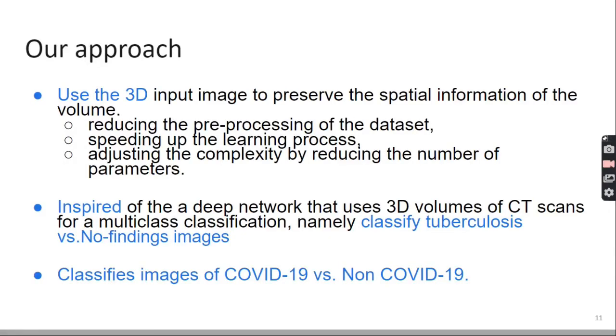In our approach, we use 3D input images to preserve the spatial information of the volume by reducing the preprocessing of the images, speeding up the learning process, and by adjusting the complexity by reducing the number of parameters. This model was mainly inspired by the deep network that uses 3D volumes of CT scans versus no finding images. We retrained the model so it classifies images of COVID-19 and non-COVID-19.